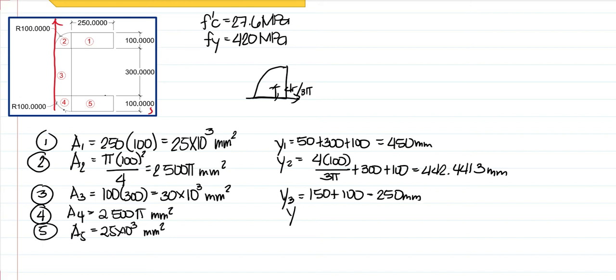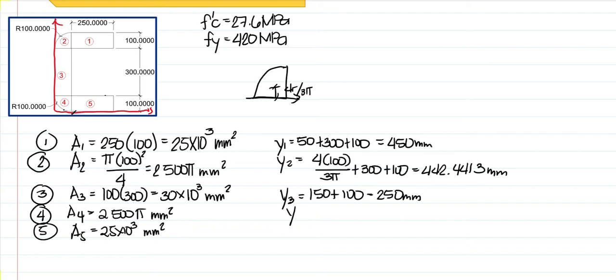Then, y sub 4 is equal to... of course, it is an inverted quarter circle. So, if its height is 100, we just subtract 4r over 3 pi, because that is where its centroid is. So, this is y sub 4: 100 minus 4r over 3 pi.